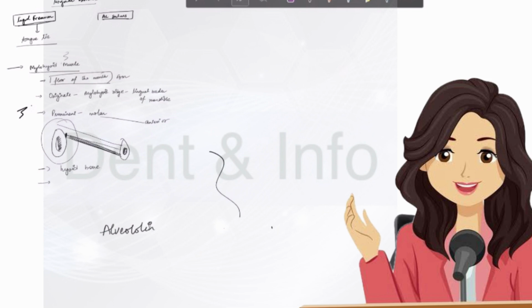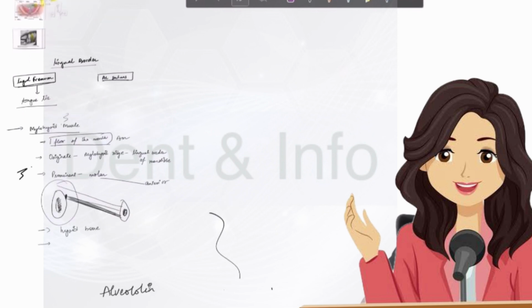Please put in a thumbs up or message so that I get to know whether or not you're able to see. Okay, good to go. So majority of students are saying that they are able to see.